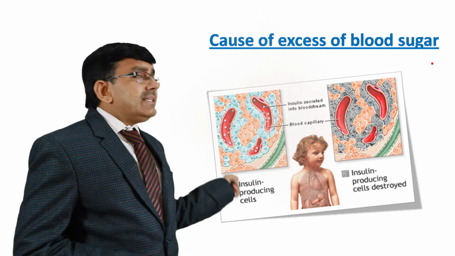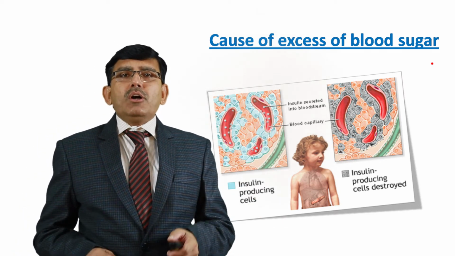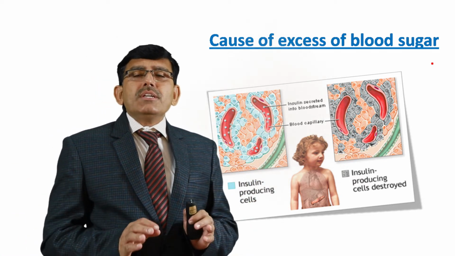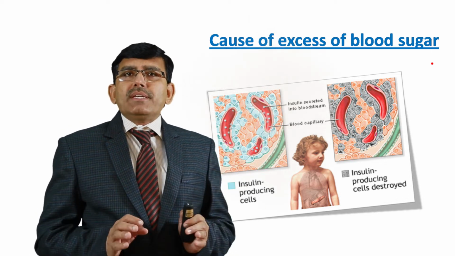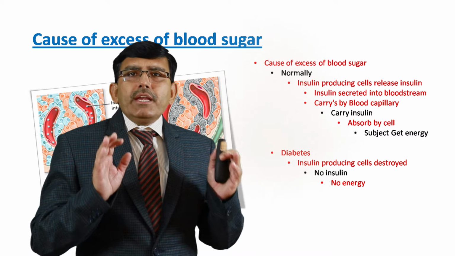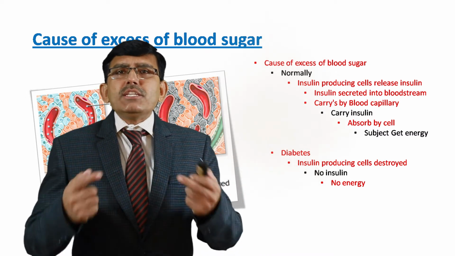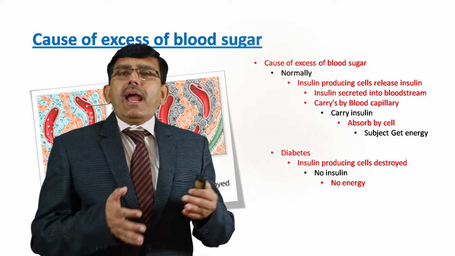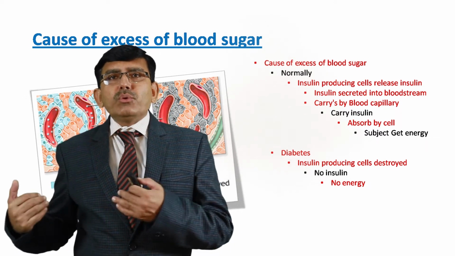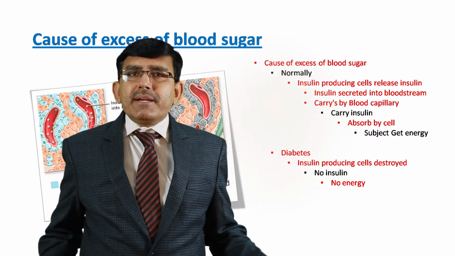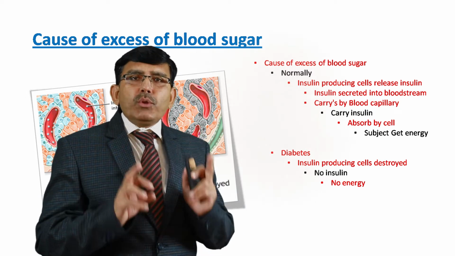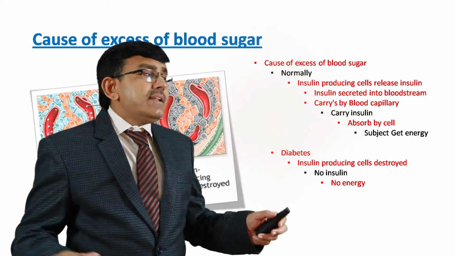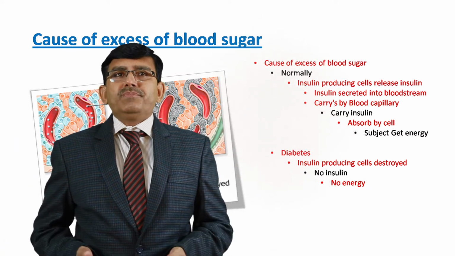Whereas we have other causes, which are due to the cell production process being destroyed. In a normal process, the insulin producing cell releases the insulin, which is carried by the capillaries of blood and absorbed by the cell to get the energy. But if the subject is diabetic, the insulin production itself is destroyed. That's why there is no insulin, ultimately no energy.